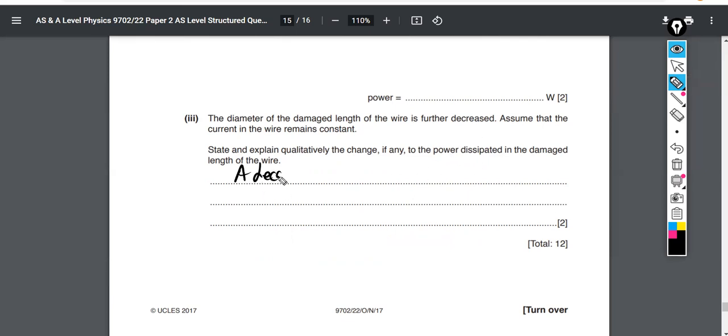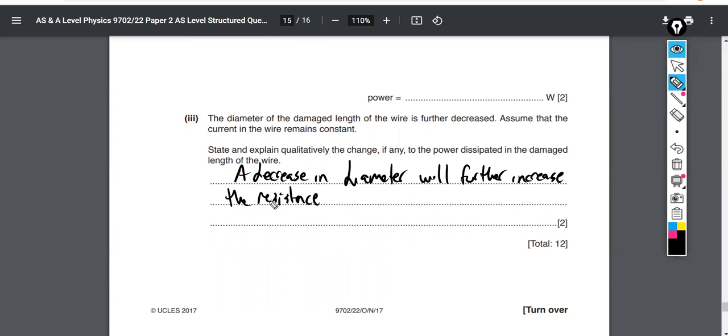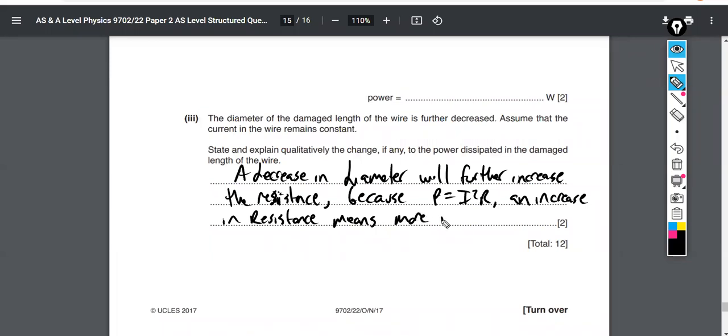So a decrease in diameter will further increase the resistance, because power equals I squared R, and an increase in resistance means more power will be dissipated.